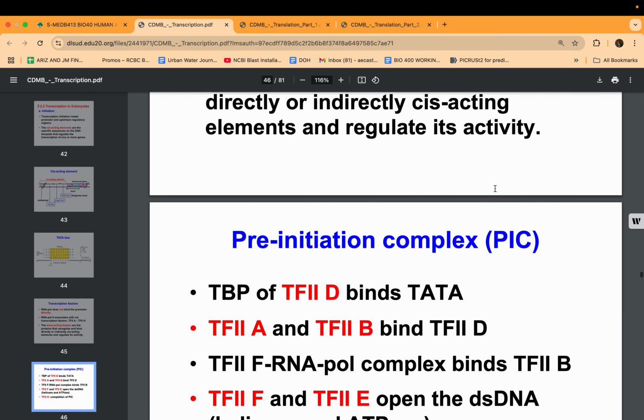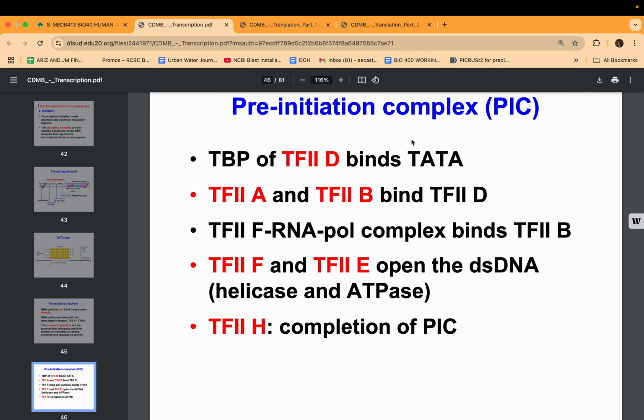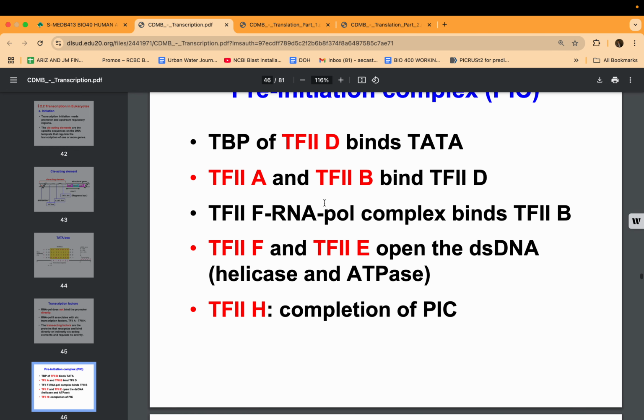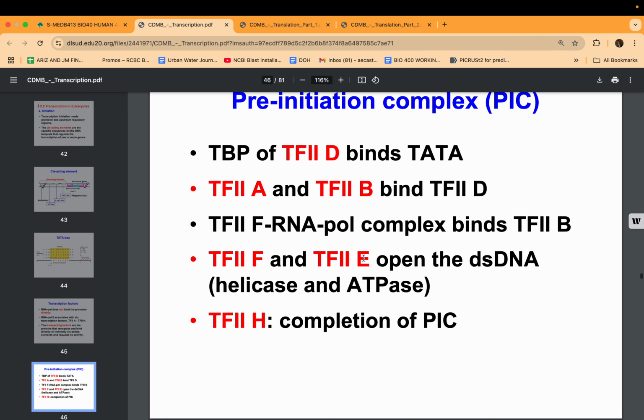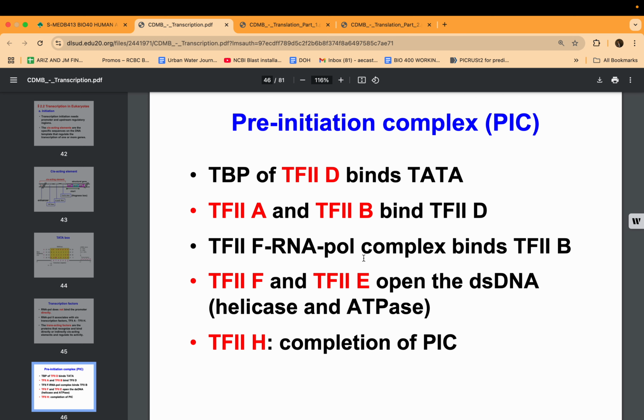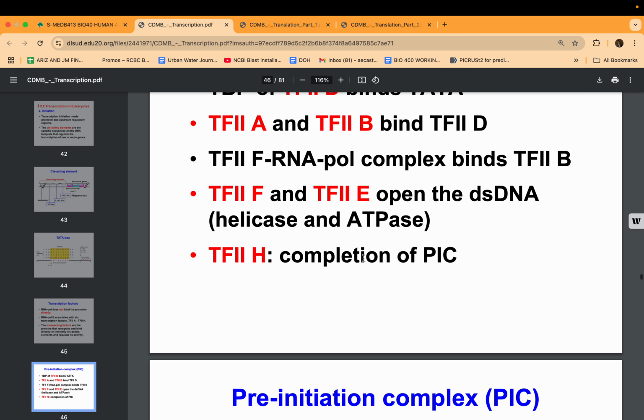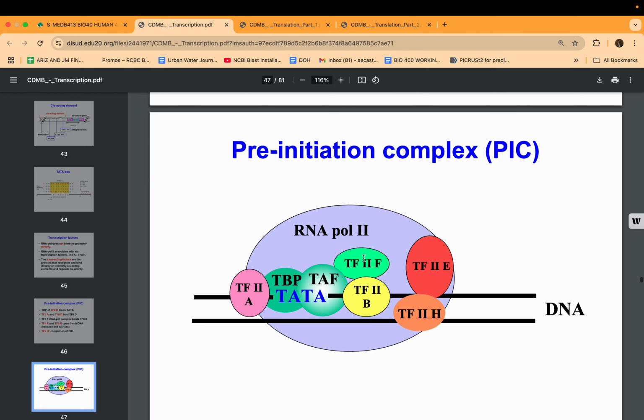Okay. Now, there are a series of events that involve these transcriptional factors, these trans factors. I won't really require you to review them since this is more generic, no?